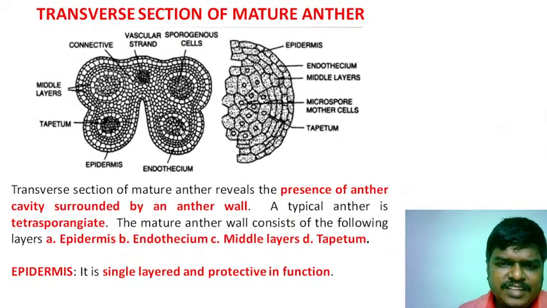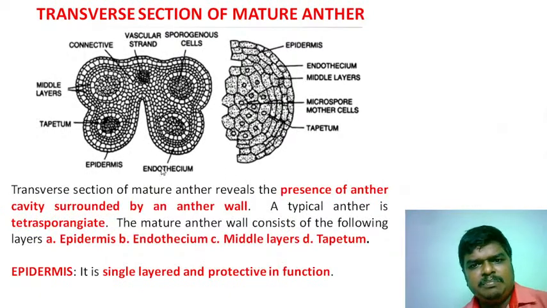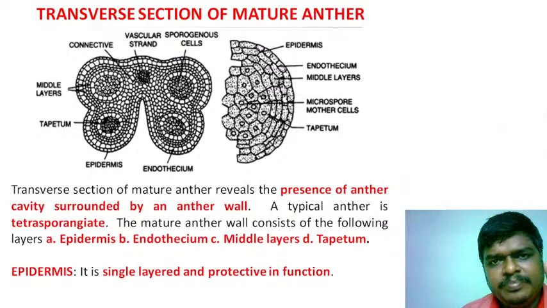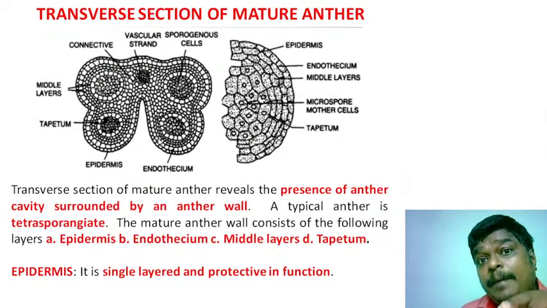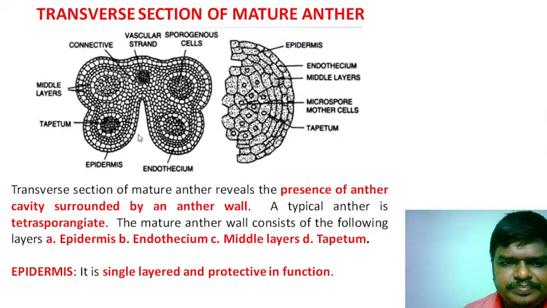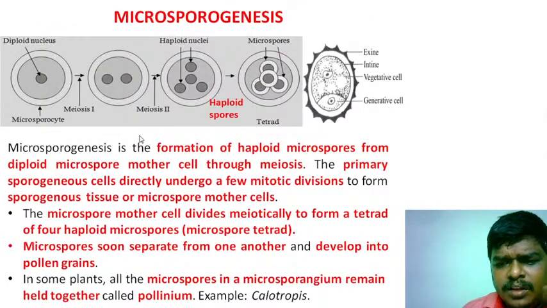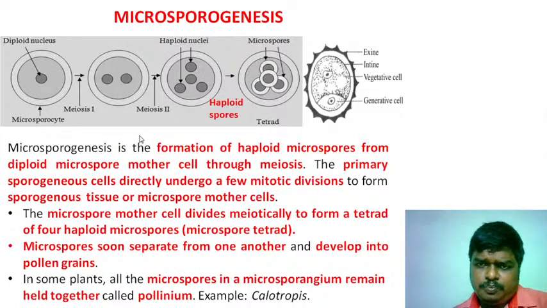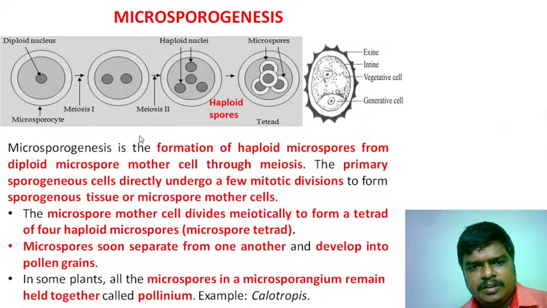For all the four structures, it will be like this: epidermis, endothelium, middle layers, tapetum, and inside, sporogenous cells. Okay.